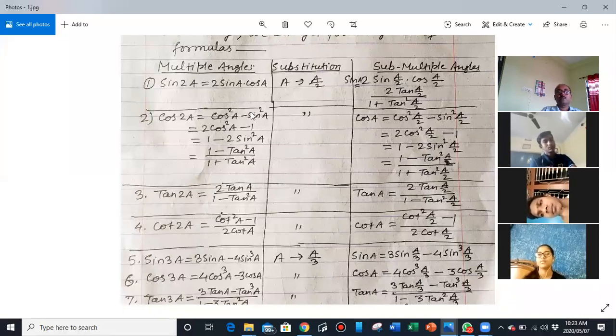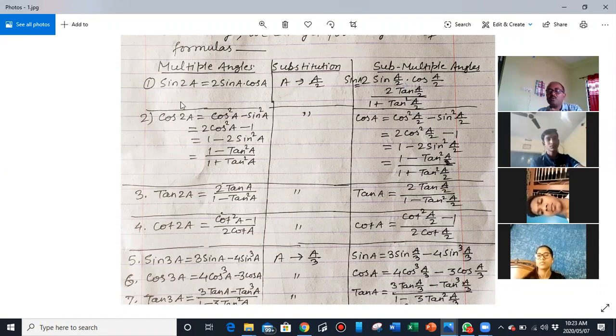Is it? Yes, sir. Now, in every set of formulas, replace A by A upon 2. See, here I have indicated what substitution you have to make. Then read again and write here. Here I have also joined the formula of sin A in terms of tan A by 2.